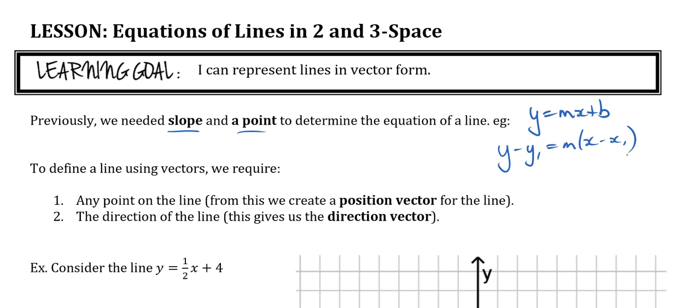We usually think of that as the formula that we use to find the equation of a line, but I could plug a point in and the slope and leave it like that, and it would still be the equation of a line, just not in a simplified form. So y plus 3 equals 1/2 times x minus 5, right? That's the equation of a line.